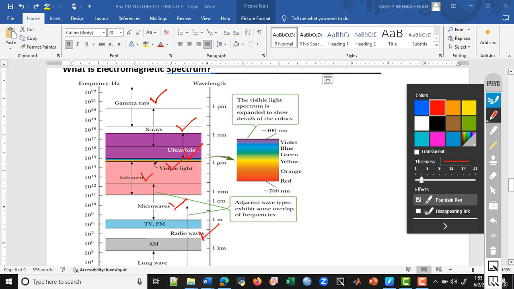Looking at this figure, up here you see the frequency is measured in hertz, the unit of frequency, and here you have the wavelength in meters. So as you're going down, the wavelength is increasing and the frequency is decreasing.